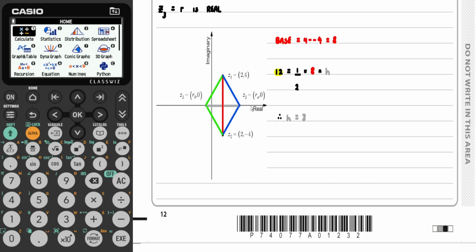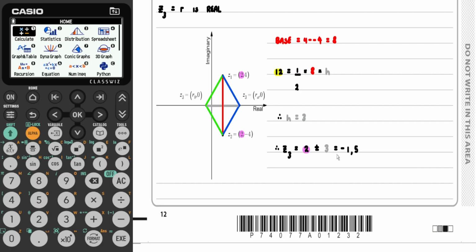So to find out what z3 is, we can recognize that we've got this x coordinate of 2, and we add on to it 3 to get this value RA, or we can subtract from it 3 to get this value RB. So z3 will equal 2 plus or minus 3. 2 subtract 3 is equal to negative 1, and 2 plus 3 is 5.